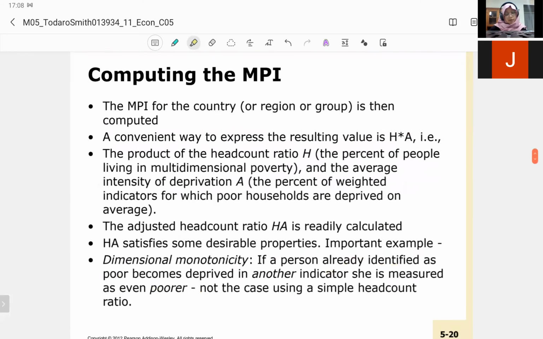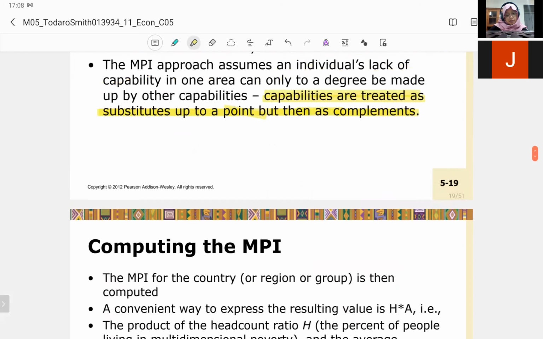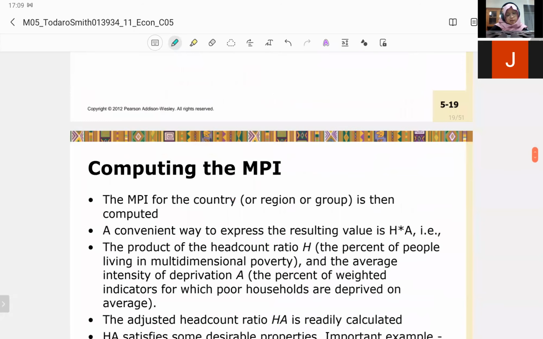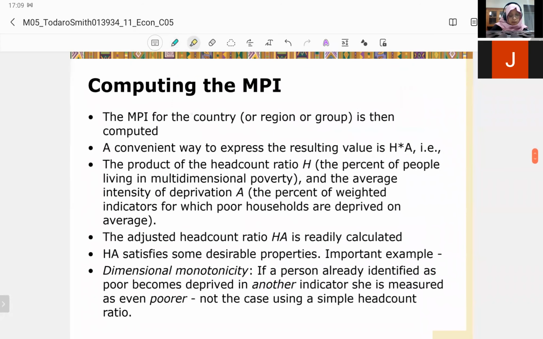And then computing MPI. The MPI for the country or region or group is then computed. So after you have all of the data from households, and then you aggregate the measure, and then you can compute the MPI for the country or the region or the group.